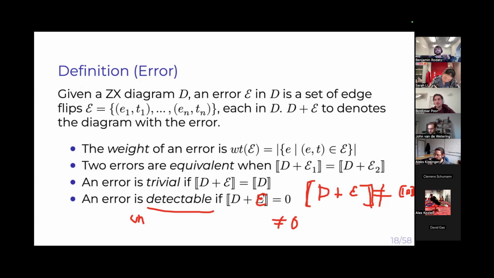So if I run my circuit and I get outcome 0 in all my measurements, that's telling me that no error had occurred, like if I got no error syndrome. So now an error is detectable if the probability of getting no error syndrome is 0. And that's exactly what this last bullet point is saying.